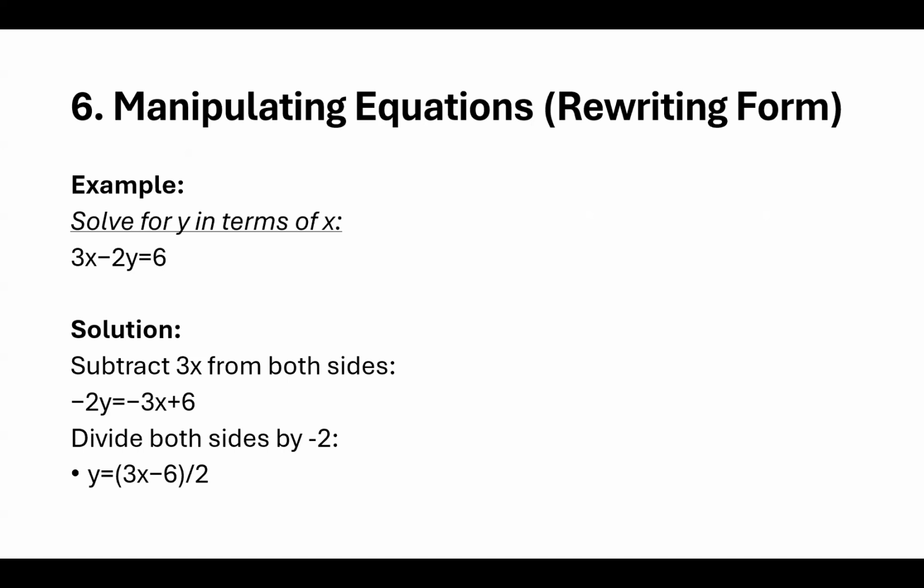So we get negative 2 times y equals negative 3 times x plus 6. That is, we make sure that only y is left on the left-hand side, right? And then we divide both sides by negative 2, and we get the value of y in terms of x. So this is very important and useful for rewriting the forms of expressions.